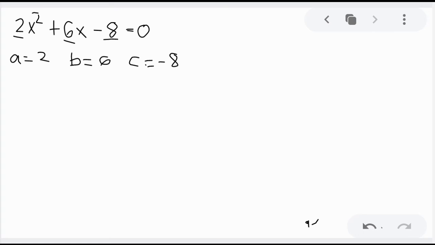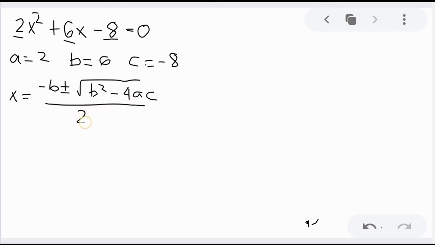Now, let's try our quadratic formula. To remember it, let's sing the song: x equals negative b plus or minus radical sign b squared minus 4ac all over 2a. Always remember that song, and you can easily remember the quadratic formula. Now, let's substitute the values.